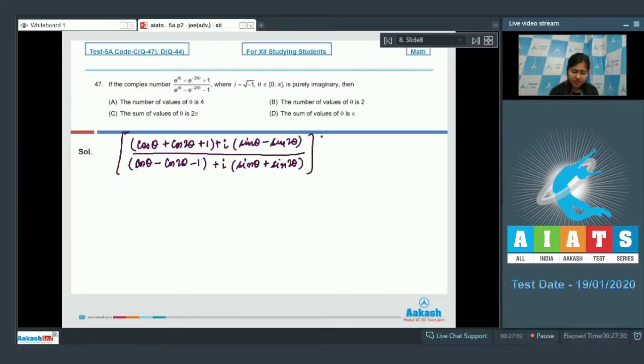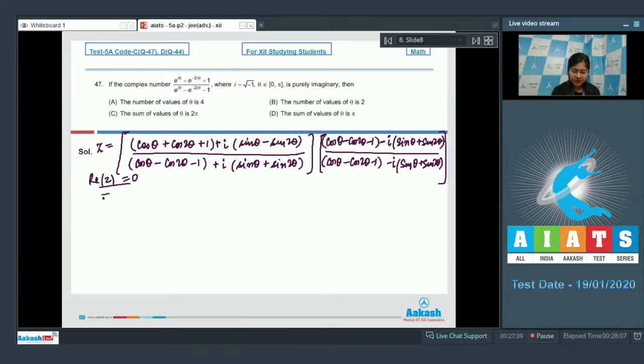Now, when we rationalize it and multiply and divide by cos theta minus cos 2 theta minus 1 minus iota into sin theta plus sin 2 theta, divided by cos theta minus cos 2 theta minus 1 minus iota times sin theta plus sin 2 theta. Right? Now, it is purely imaginary, so its real part is 0.